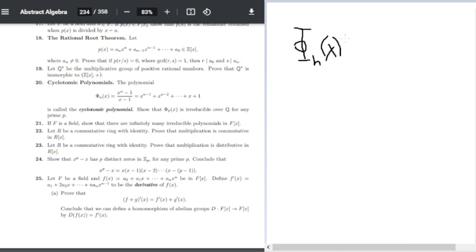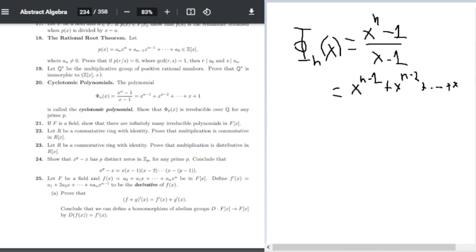Φ_p(x) is equal to (x^p minus 1) over (x minus 1), which is equal to x^(p minus 1) plus x^(p minus 2), on and on to plus x, or is it just plus 1? Literally, yeah, just plus 1. So we need to show that this is irreducible over the integers for any prime.